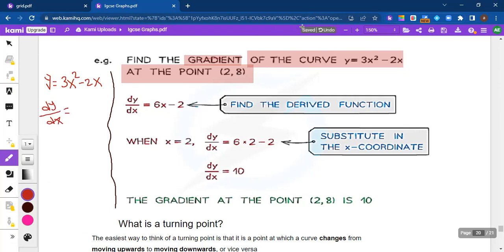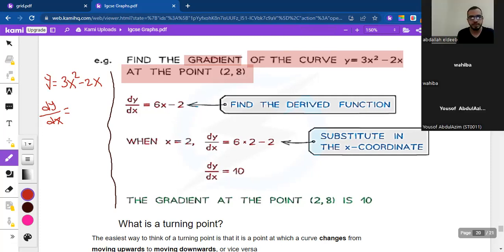It will be 6x minus 2. Then after we find this, we need to know the gradient. Then you find dy by dx when x equals what? 2.